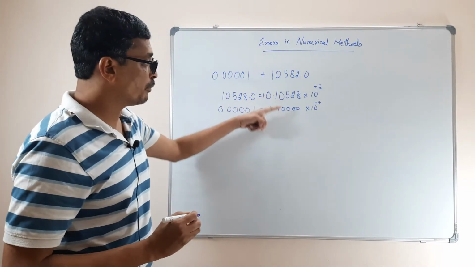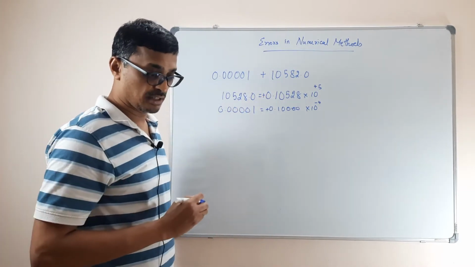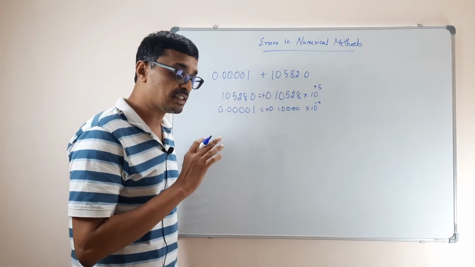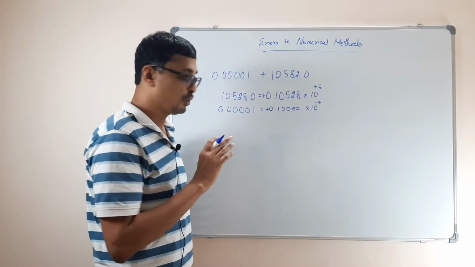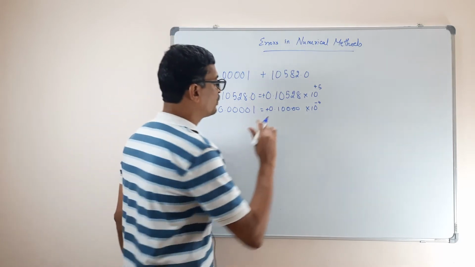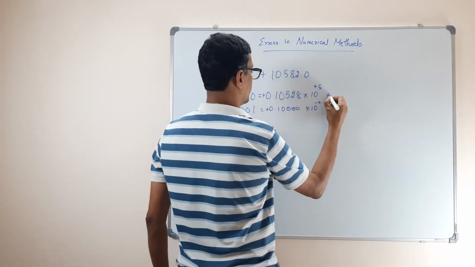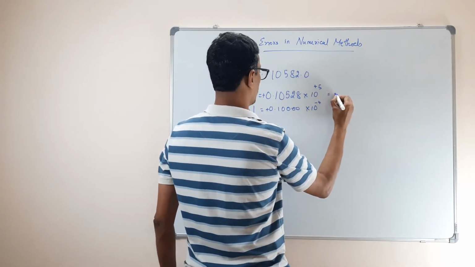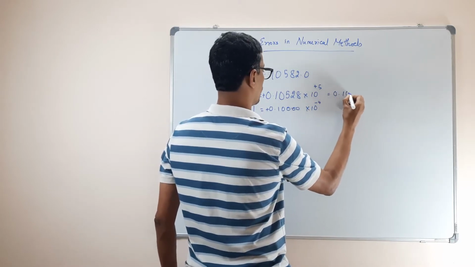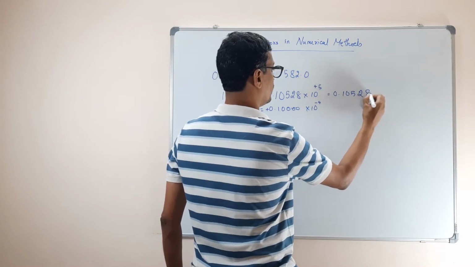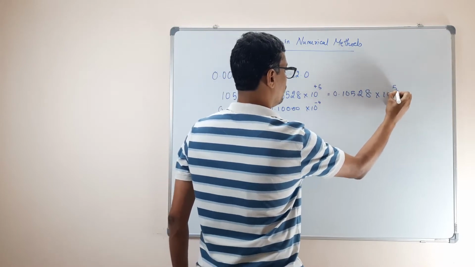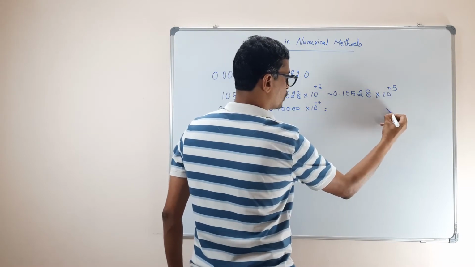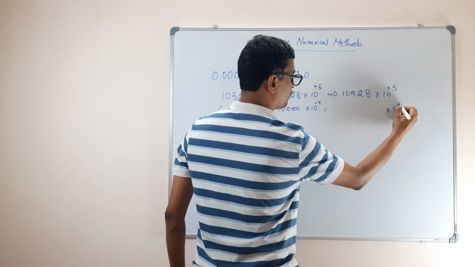Actually, if you ask the computer to add, it cannot add these numbers directly. How a computer adds is, it makes the exponents equal. So this is going to make it as 0.10528 into 10 to the power of 5 plus, and this number also I have to write with 10 to the power of plus 5.